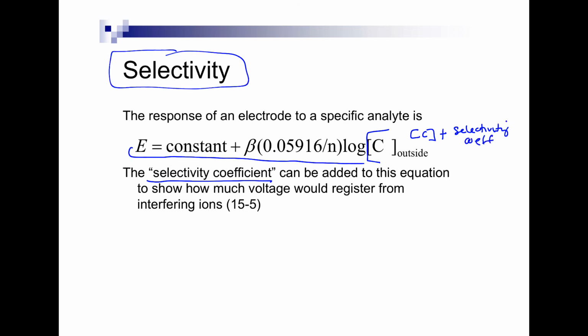Okay, so instead of it just being C, it would be all this stuff. That happens when you have these interfering ions. We're not really going to do any calculations here, but if you wanted to read a little bit more about selectivity coefficients, it's in 15.5.